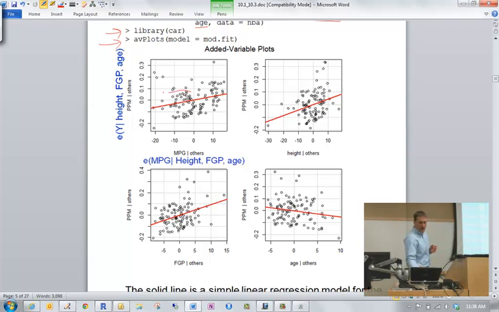By default, the function will put a simple linear regression line on it. Notice that in this case we have one thing on the x-axis and one thing on the y-axis. That's why a simple linear regression model can be fit. And we see kind of an upward trend there.